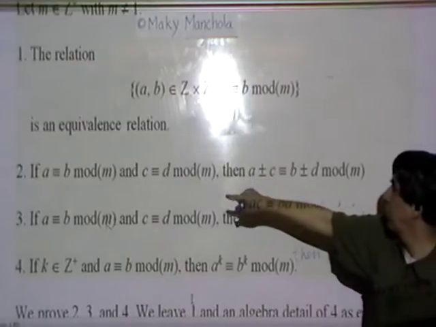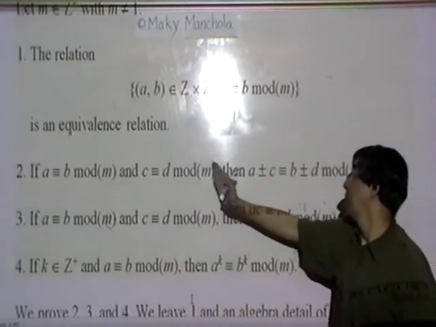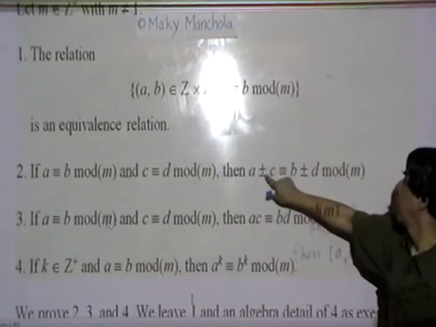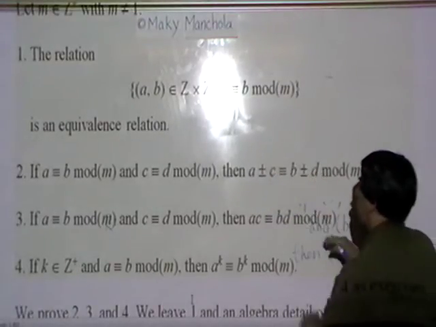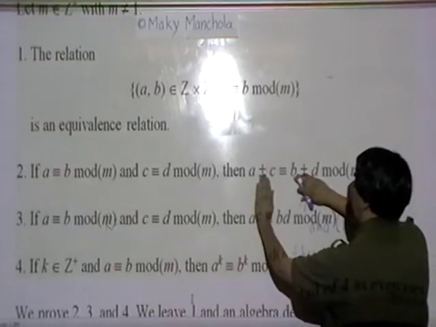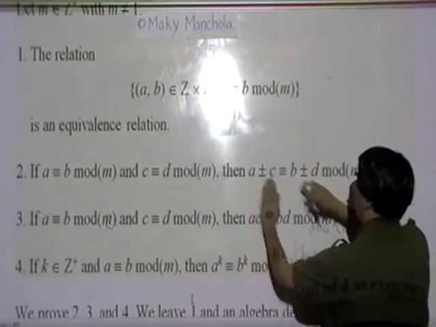If A is congruent to B and C is congruent to D, then A plus or minus C is congruent to B plus or minus D, where you of course will write the correspondence according to the order of the signs.